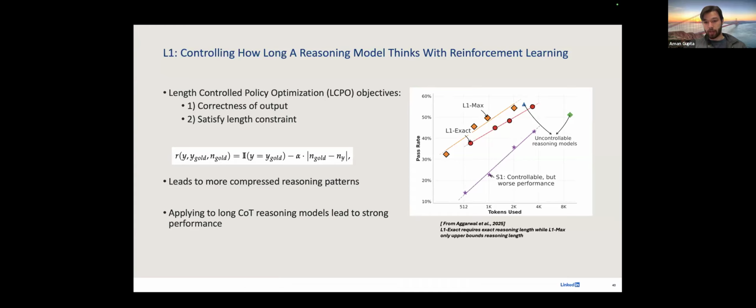We see on the graph to the right that taking this approach to controlling the reasoning length leads to a much better efficiency curve between tokens used and the pass rate, where it shows that compared to long reasoning models, you can maintain much of their performance while reducing the tokens used, which essentially ends up forcing the model to stop using gap words or filler words like "secondly," "next," "we are saying," things like that.